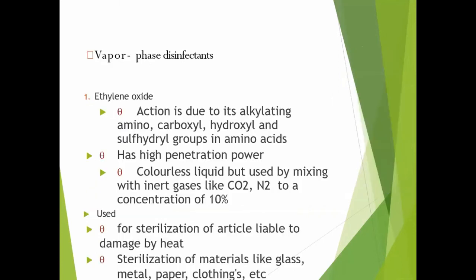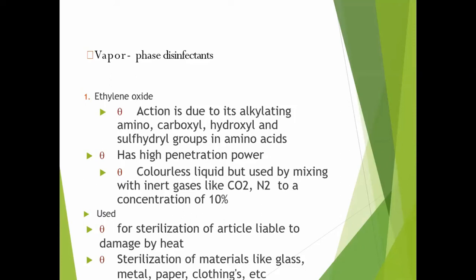Next one is vapor phase disinfectants. Number 1, ethylene oxide. Its action is due to alkylation of amino, carboxyl, hydroxyl, and sulfhydryl groups in amino acids. It has high penetration power.